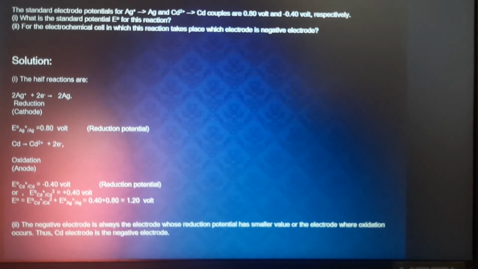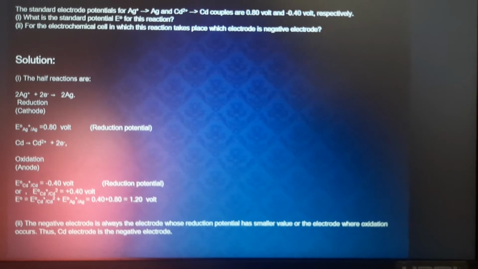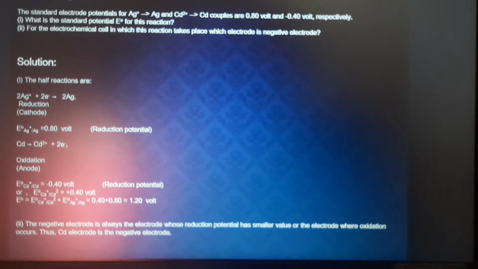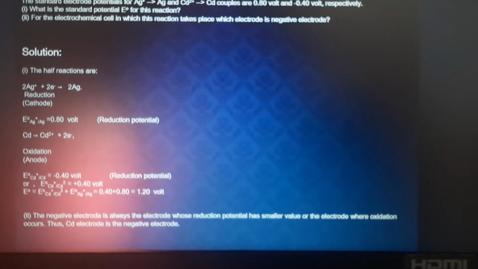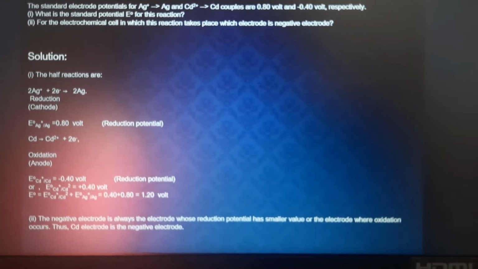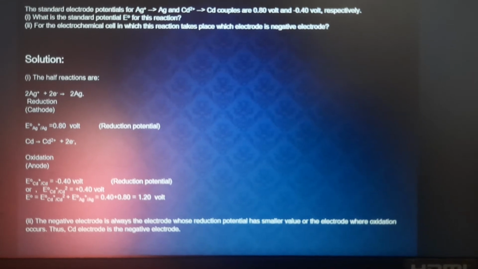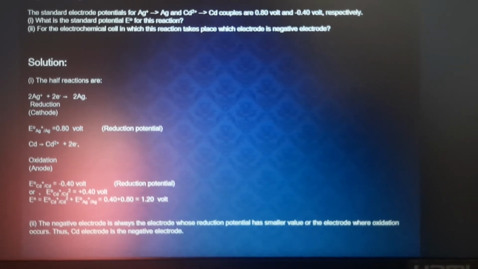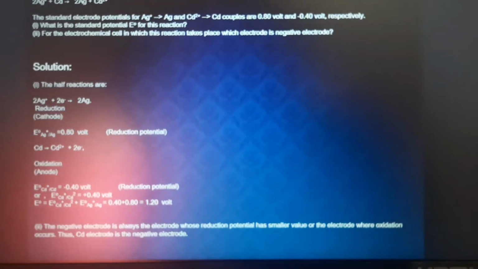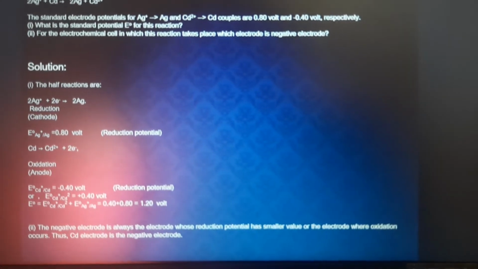At last, in the second part, we have to say that the negative electrode is always the electrode whose reduction potential has a smaller value, or the electrode where oxidation occurs. When the reduction potential has a negative value, that means oxidation will occur at that specific electrode.